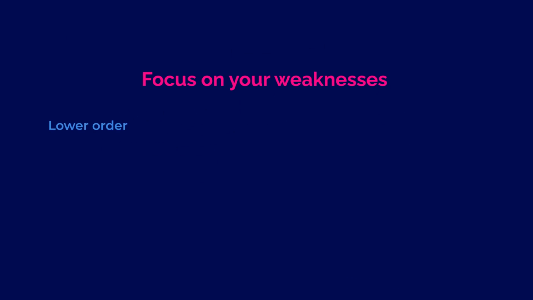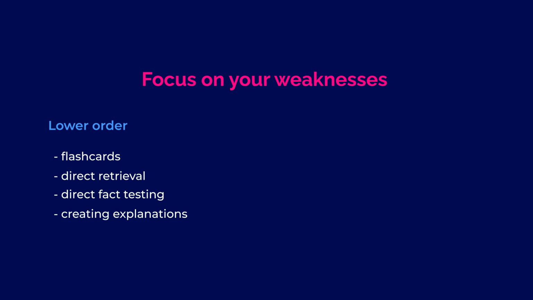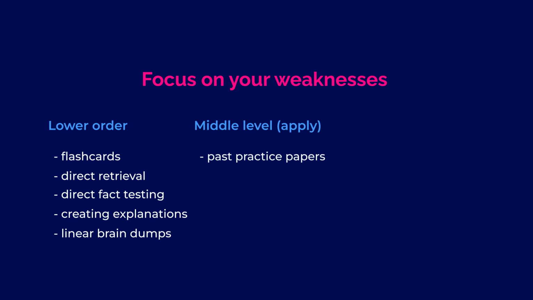So if you're struggling with the lower order levels, then use anything that's testing at the lower order: flashcards, direct retrieval, direct testing, creating explanations, linear brain dumps. These are all great techniques. If you're struggling with mid-level application, use simple past practice papers, testing yourself, or creating friend groups where you create questions for each other and quiz each other based on that.